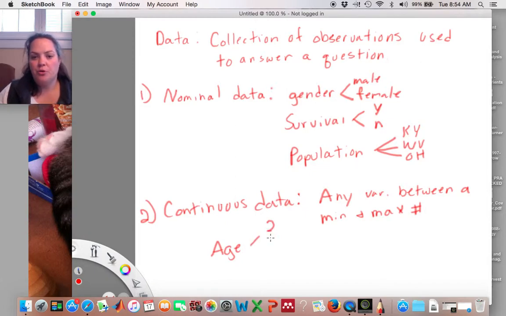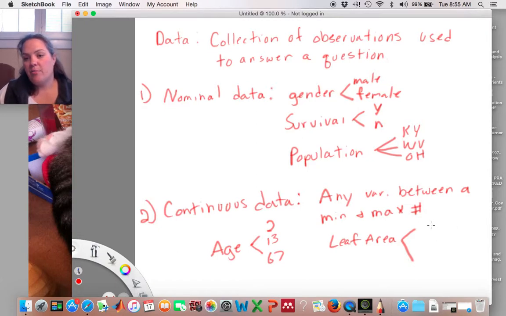We could have a 2-year-old, a 13-year-old, a 67-year-old. So it's continuous. We don't categorize people into certain categories of age. You could do that, but for this we're going to stick to just a continuous scale of age. Another example would be leaf area, and I use leaf area in the work that I do with American ginseng.